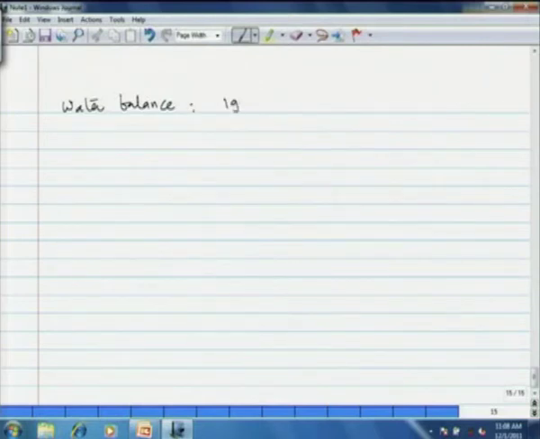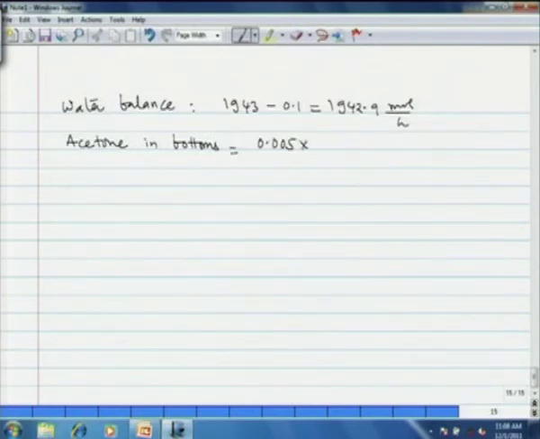The water that ends up in the bottoms of the distillation column is 1942.9 mole per hour, just 0.1 mole less than the water that is fed to the system, and the acetone in bottoms would be 0.005 into 10.25, that is equal to 0.0515 mole per hour.